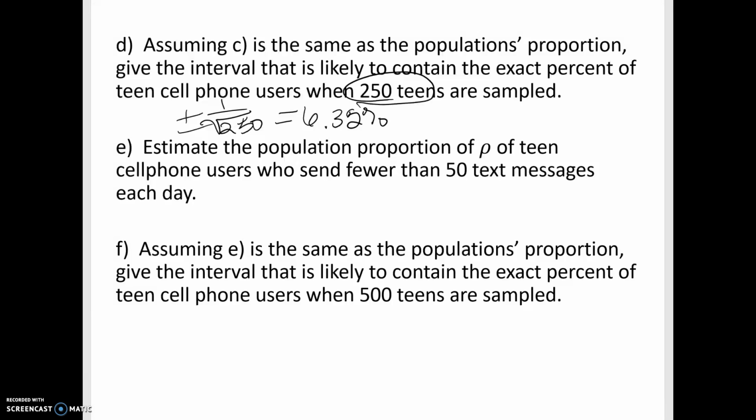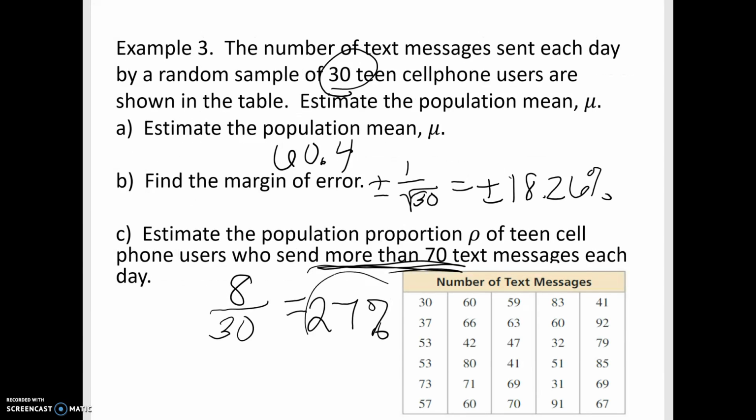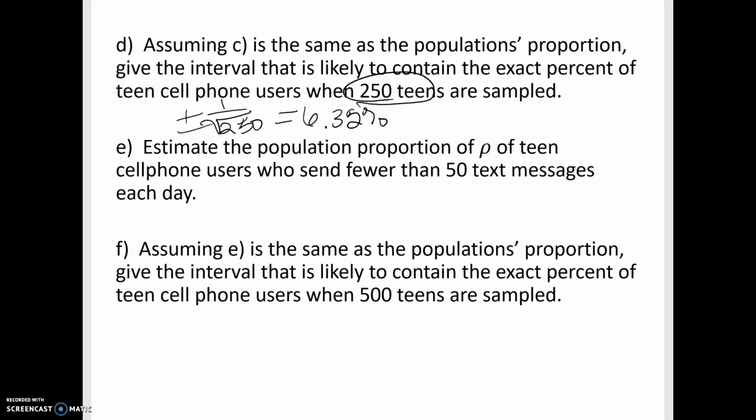Okay, which means that the interval containing that, I'm going to take that 27% from the last slide, and I'm going to add 6.32 and subtract 6.32. So I get 20.68 to 33.32%. So somewhere in between there would be my population proportion.